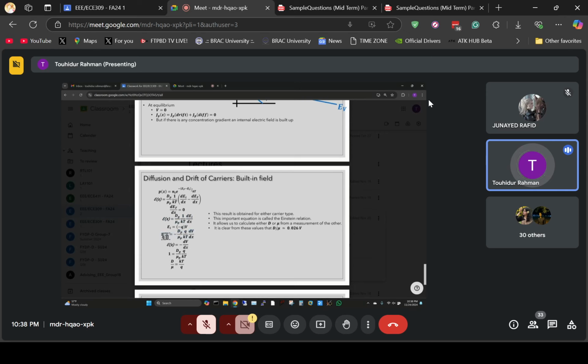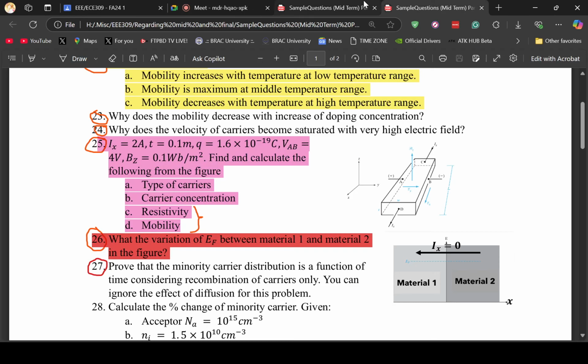And as I mentioned earlier, the electric field will be equal to dV by dx, voltage divided by length. Now, if you do the math in this equation, you should be able to derive this formula where we have diffusion coefficient divided by mobility equal to kT by q, and this expression is called Einstein's equation or Einstein's relation.